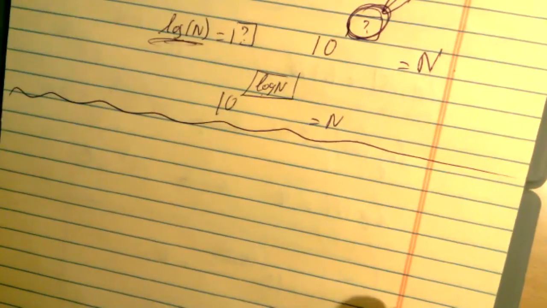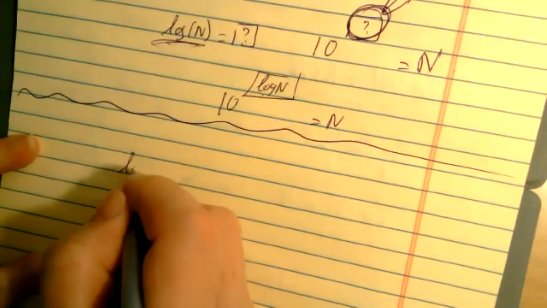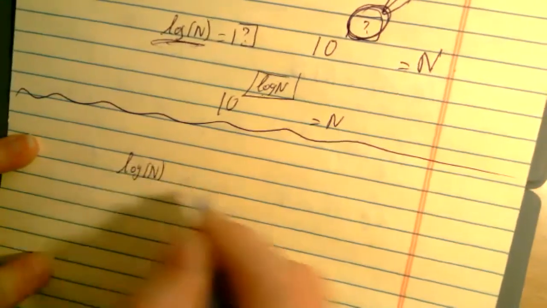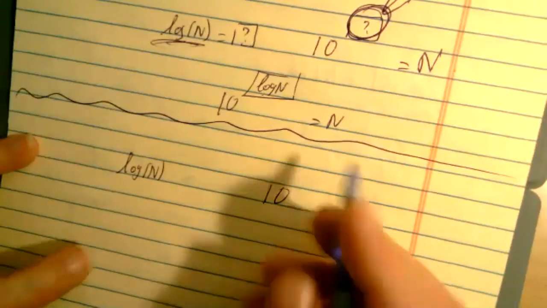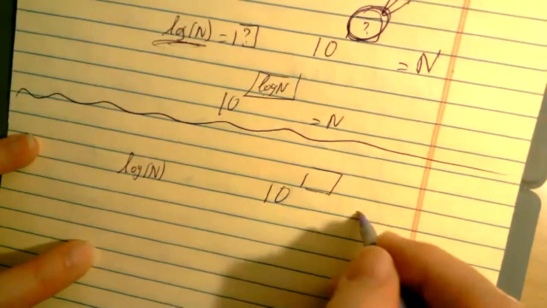Now, along the same line, nothing different, but fairly close to the same idea: when I define the log of n, I said it's the power of 10 that gives me n. This log is written log.